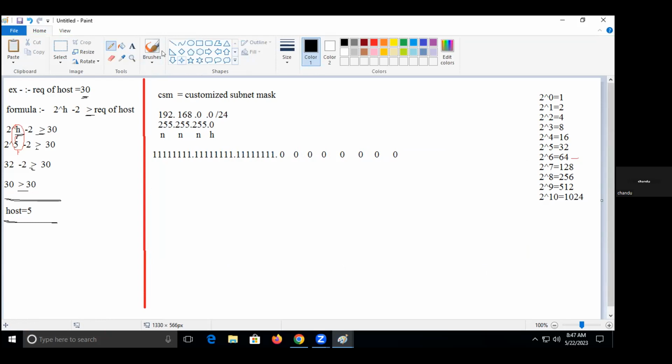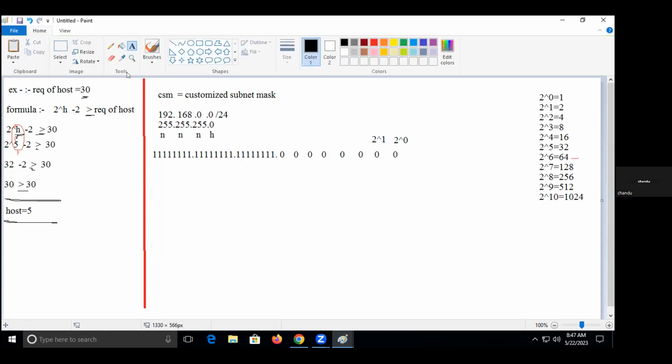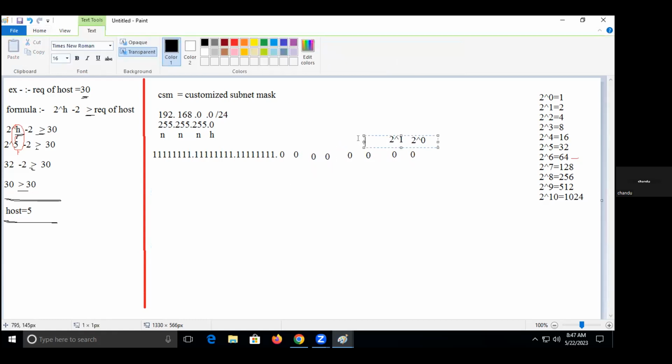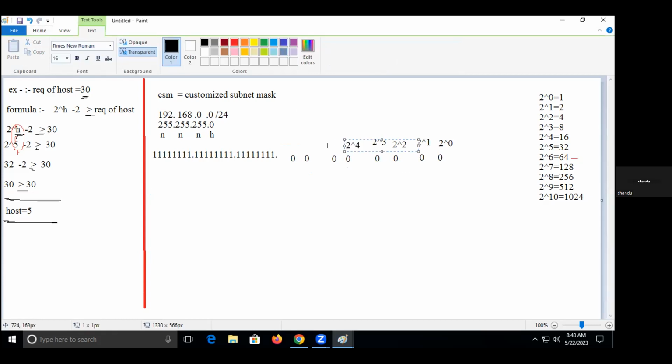The value of the first bit is 2 power 0, the second is 2 power 1, then 2 power 2, 2 power 3, 2 power 4, 2 power 5, 2 power 6, 2 power 7.